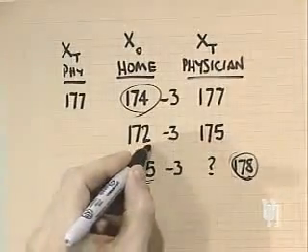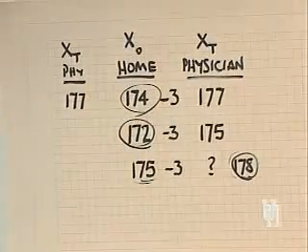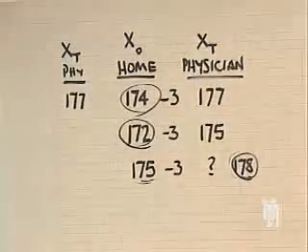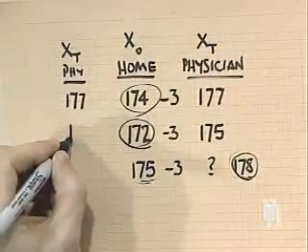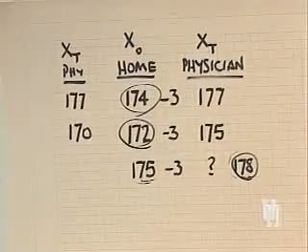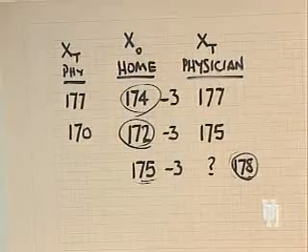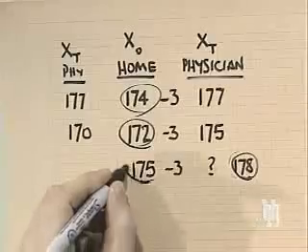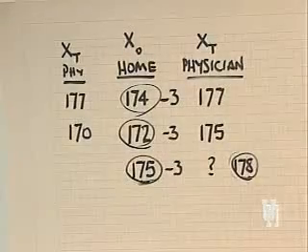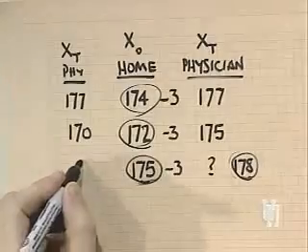You weigh yourself at home a second time, and you weigh 172 pounds. And you go down to the physician's office, and the physician's scales tell you that you weigh 170 pounds. You get on your scales at home a third time, and they tell you that you weigh 175 pounds.